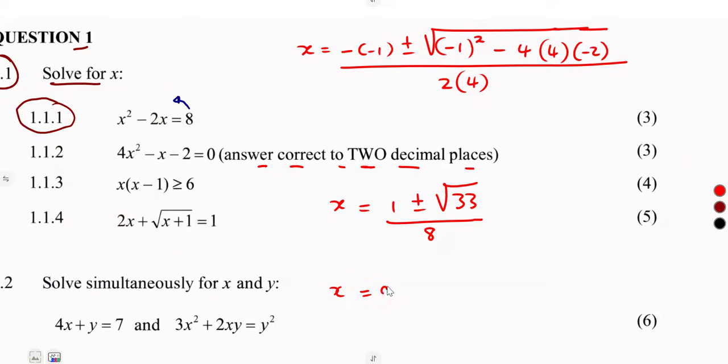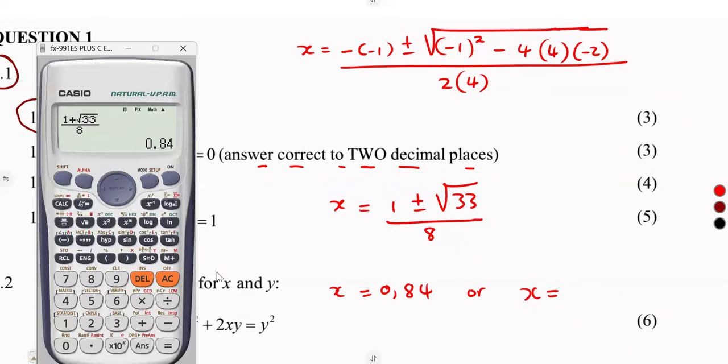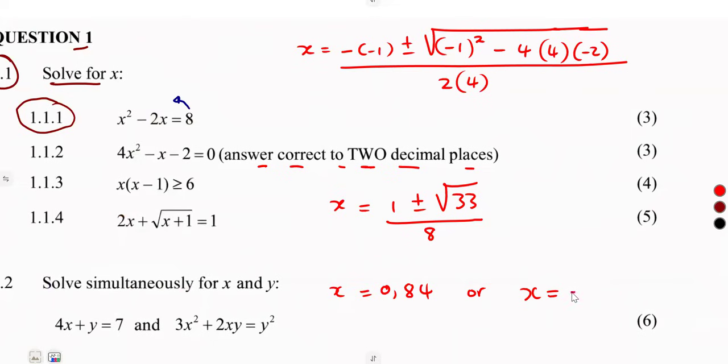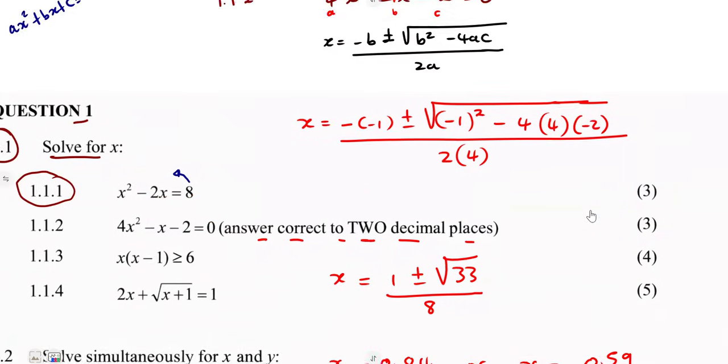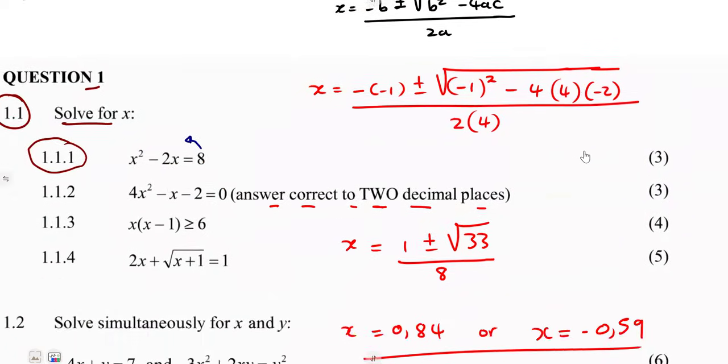That's 0.84, or x is equal to, let us put a negative this time. Delete the positive, put a negative, that is negative 0.59 to 2 decimal places. These are the possible values of x from our quadratic equation. Using the quadratic formula, we can solve that.